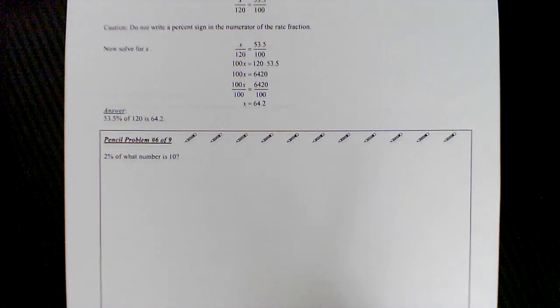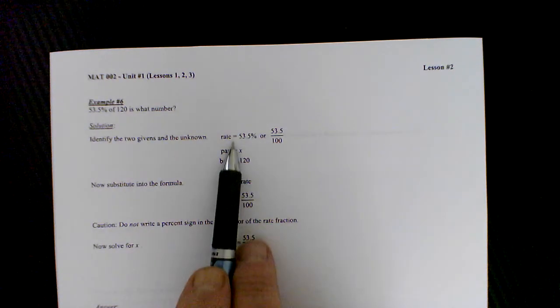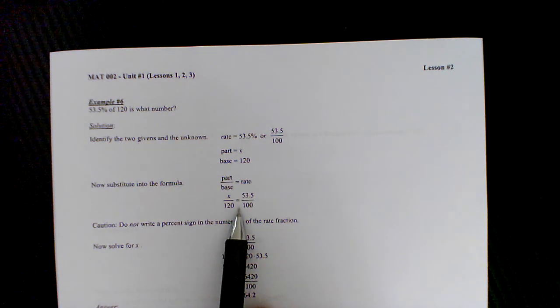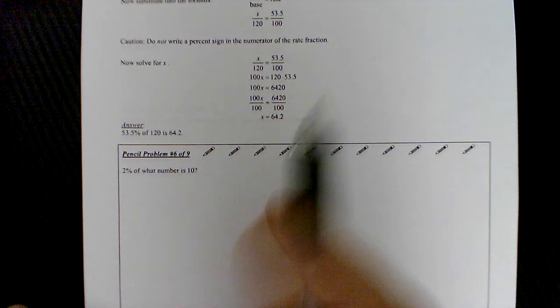So we showed an example here using this method where we identify the rate, base, and the part, and you just simply plug into the formula, and then we're used to cross multiplying and dividing to get our final answer. So same idea in the pencil problem.